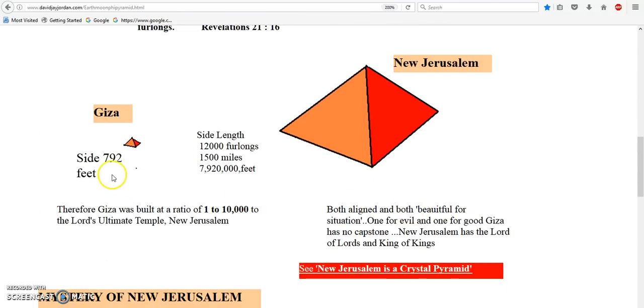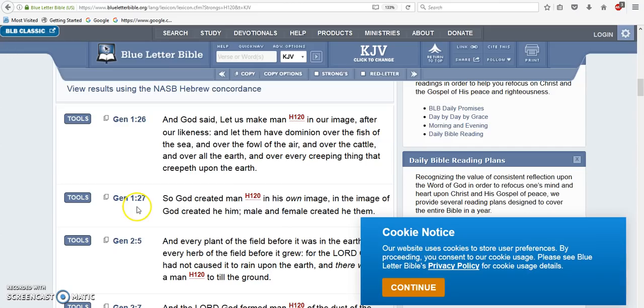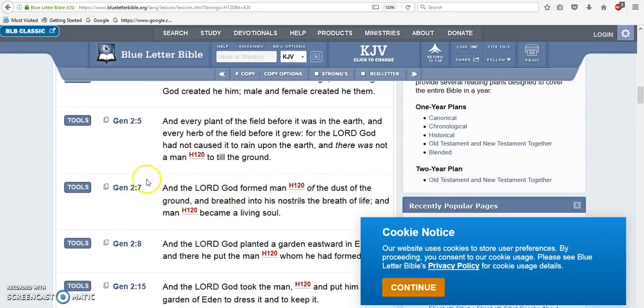And then you have the Great Pyramid of Giza is the same proportion, so it has the same ratio, as well as New Jerusalem. Okay, so God created man in Genesis 1:27, and you see it again in Genesis 2:7, where the Lord God formed man, which is Adam, of the dust of the ground and breathed into his nostrils the breath of life, and man became a living soul.